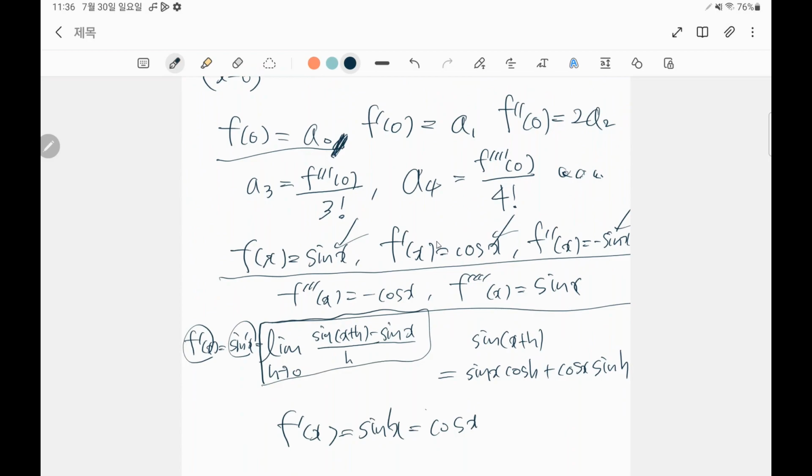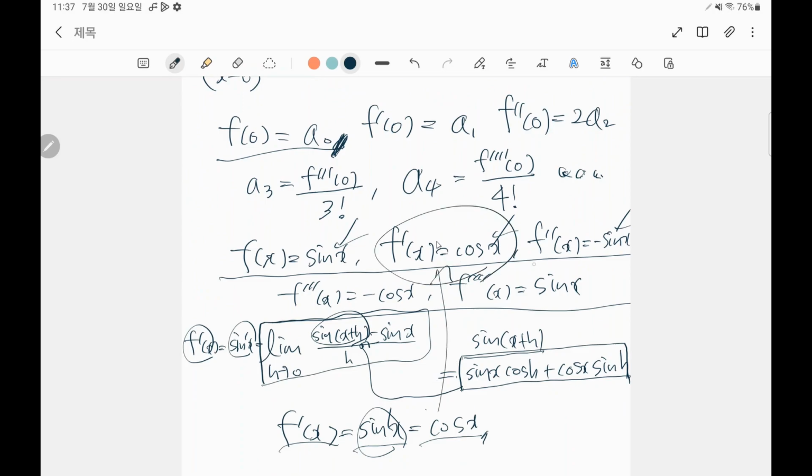If you plug in the sine of x plus h formula, which you learn in high school, just basic trigonometry, you can easily calculate that the derivative of sine of x is actually cosine of x, which, as I said, was here.